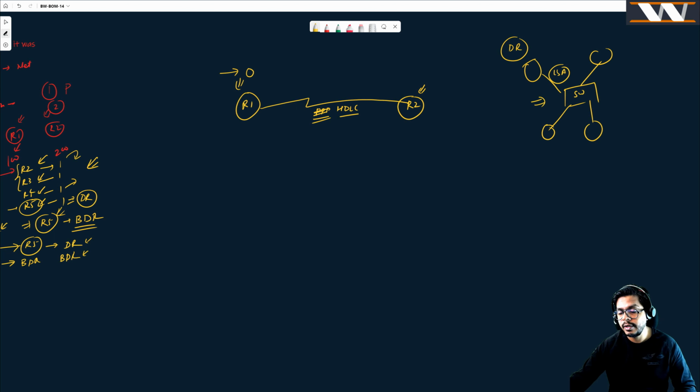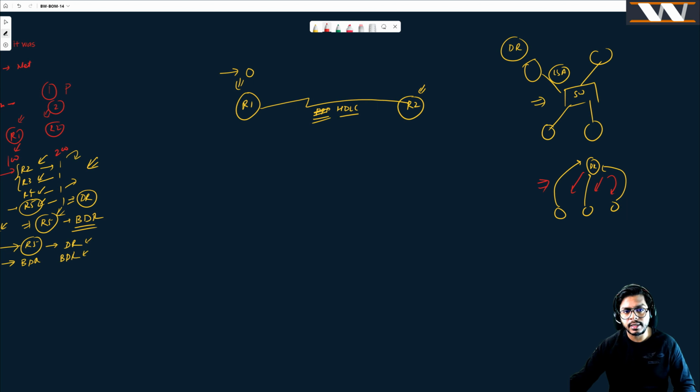That is why we select a DR here, and everybody else just sends the LSAs to the DR, and the DR eventually sends them back to all the DR others, right? It is as simple as that. Why are we doing this? To reduce the flooding of these LSAs.